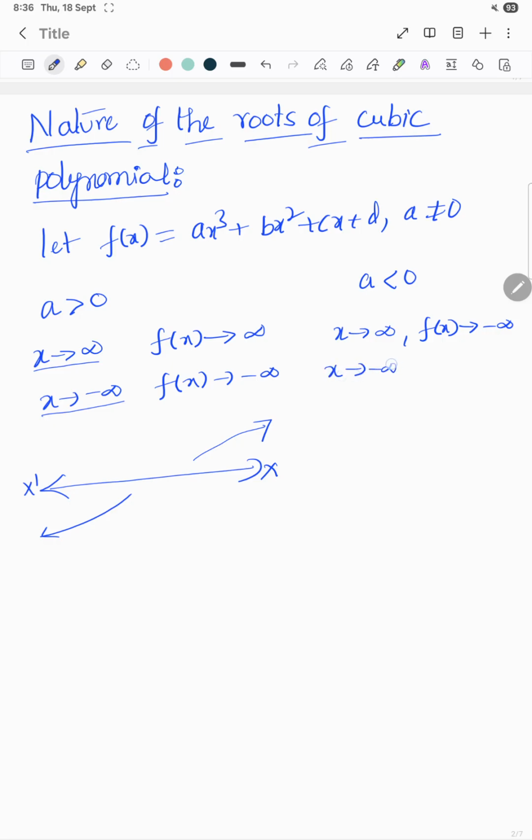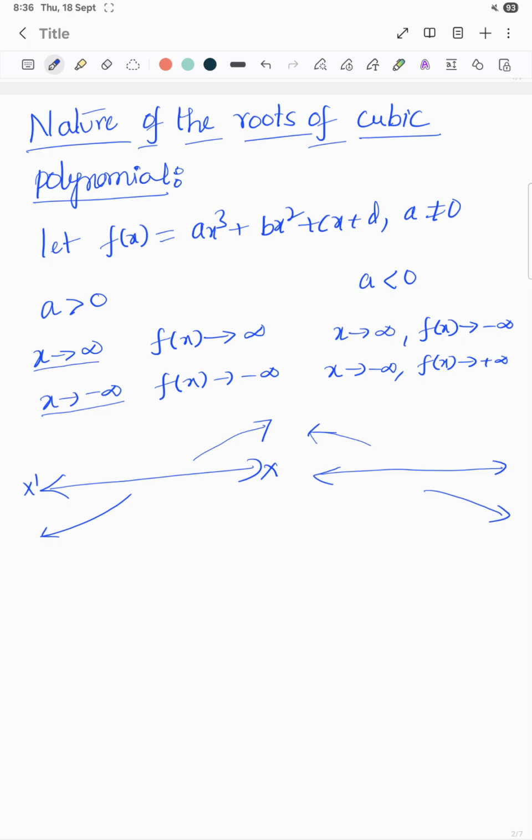As x approaches negative infinity, f of x approaches positive infinity. So, it is like this. You should have this idea before we start discussing the nature of its roots.